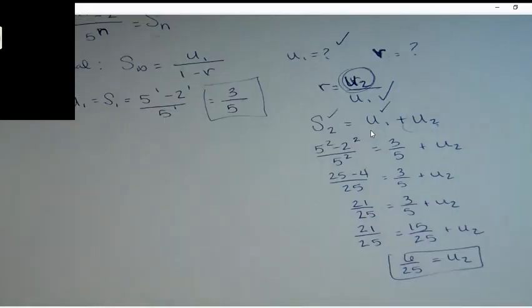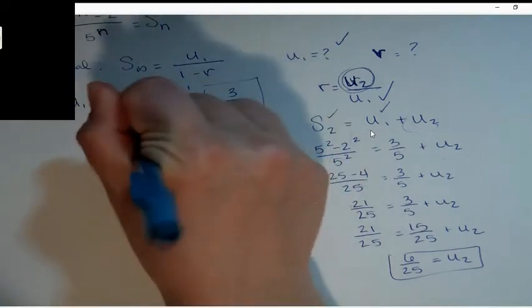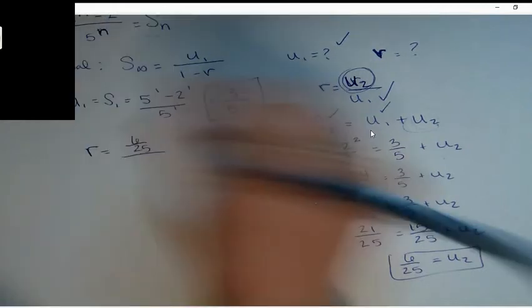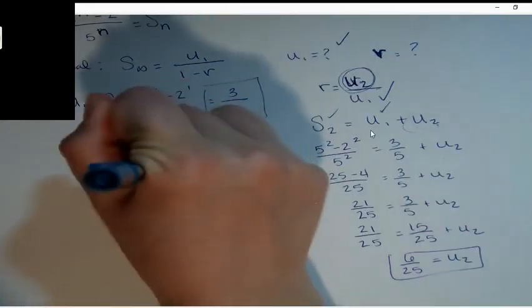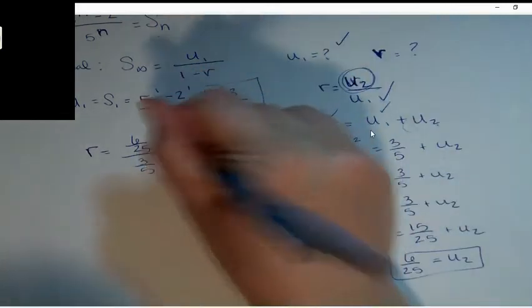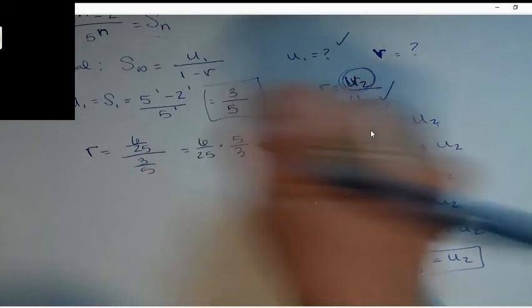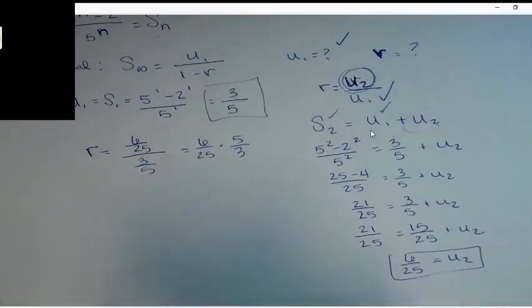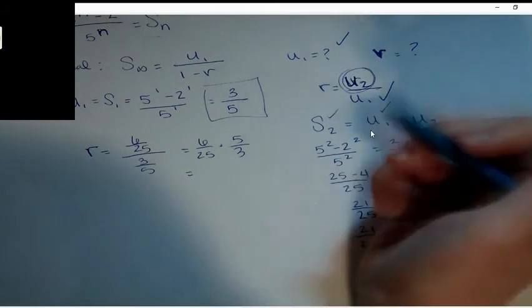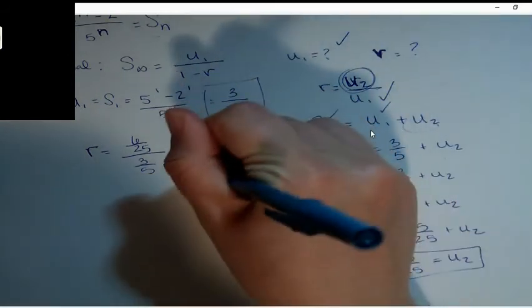Okay, so now I've solved for U2 and U1, which is super nice because now I can take U2, which is 6 over 25, divided by U1, which is 3 over 5, and I'll have my R. So I'm going to rewrite this as 6 over 25 times 5 over 3. This is super convenient because I have lots of common factors I can cancel out. I can cancel out the 3, and this is really 3 times 2, so I'm left with 2 on top.